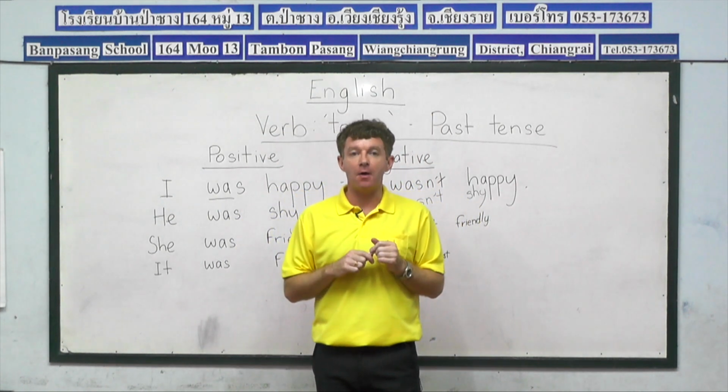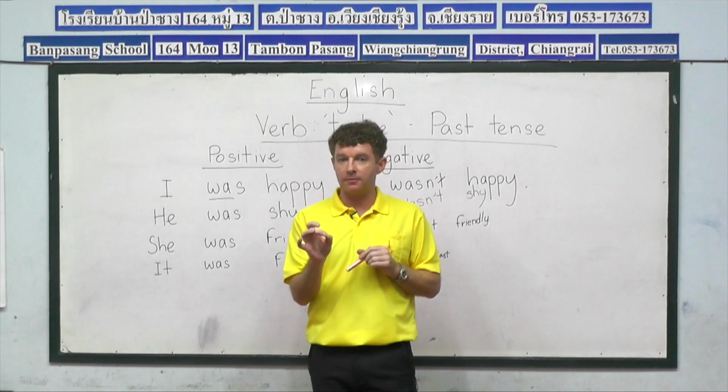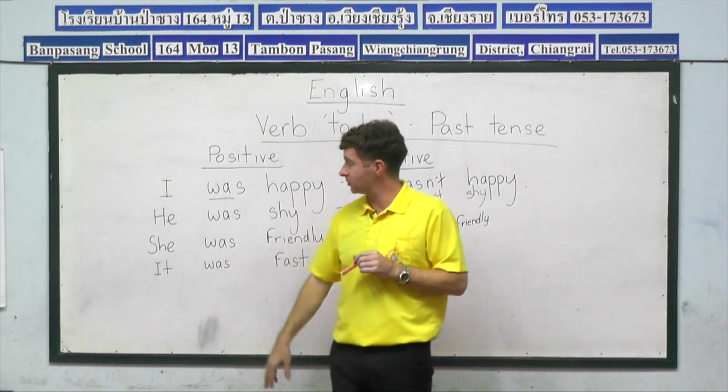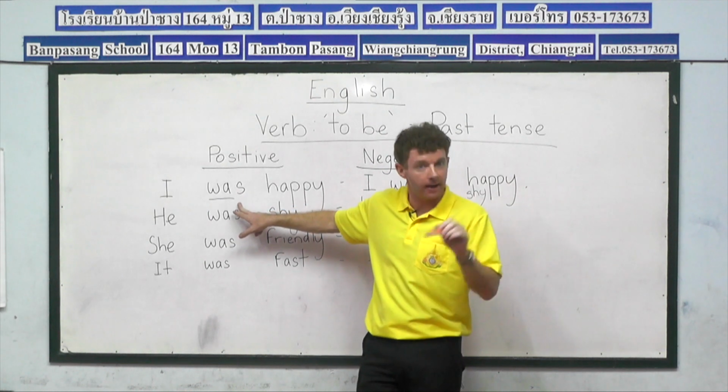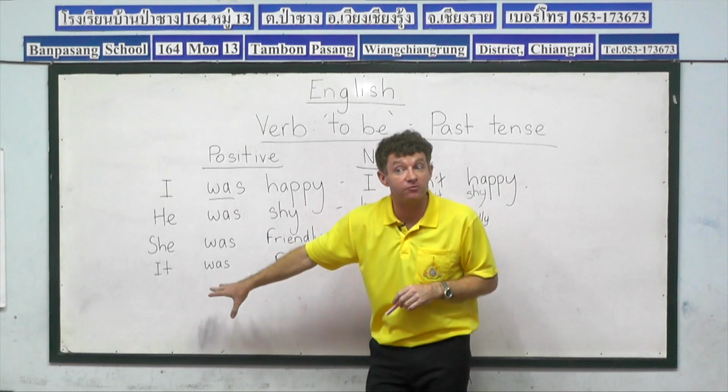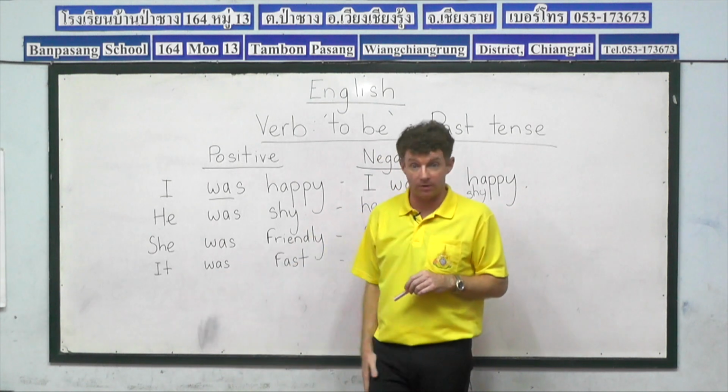Okay, so now on to the next subject pronoun. And this is where, remember guys, there were 2 words, was and were. So for the next group of subject pronouns, we change the word.